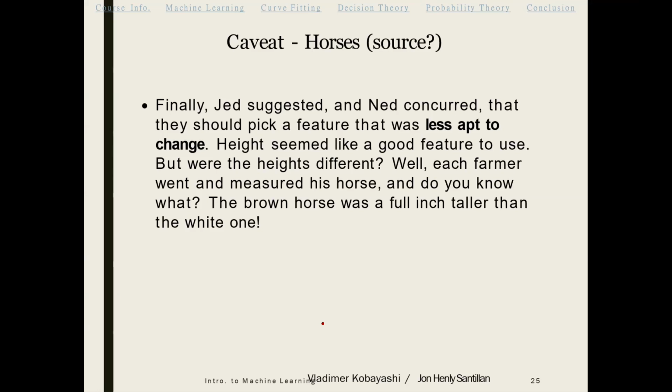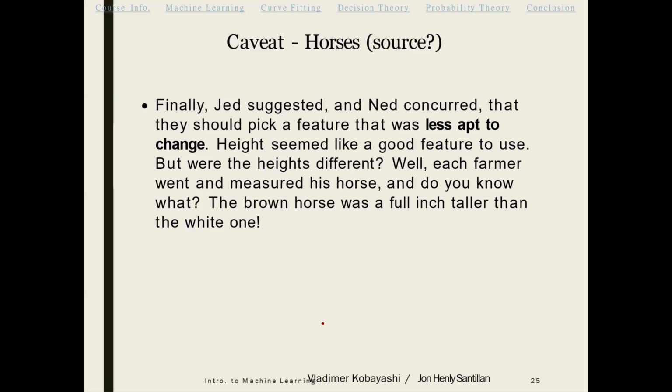But if you have defined a poor set of features, then that might not be helpful. So what's the technique here? Try to look at features which are not subject to change very frequently. So in this case, height will not change that much over a long period of time.